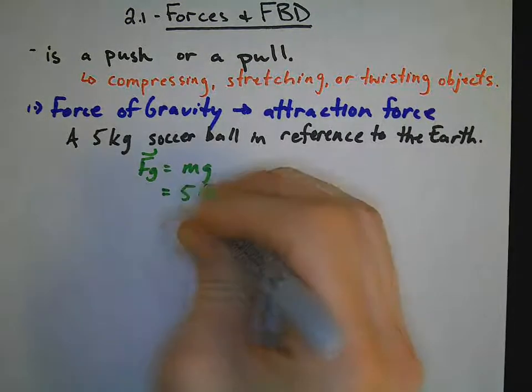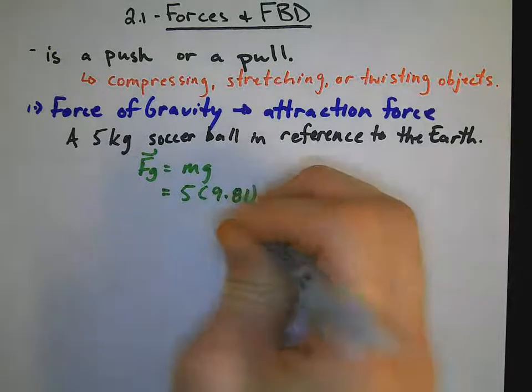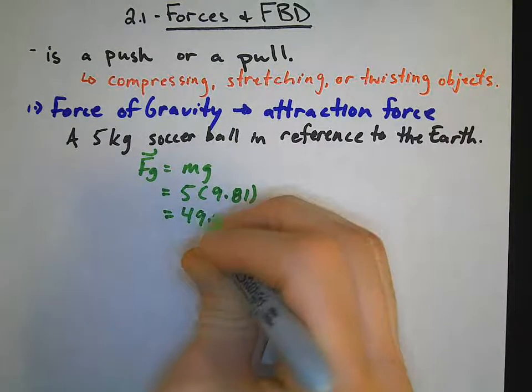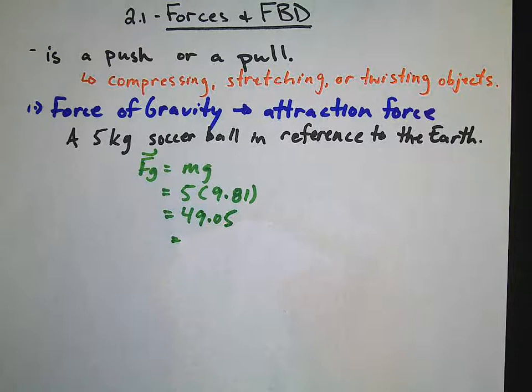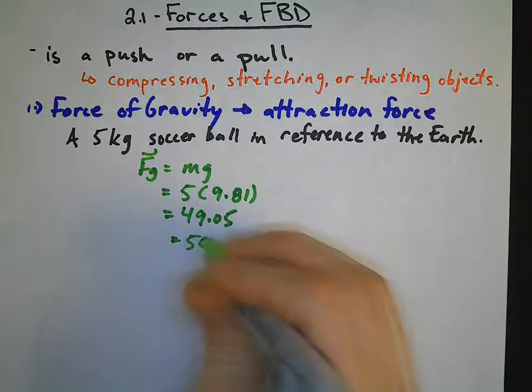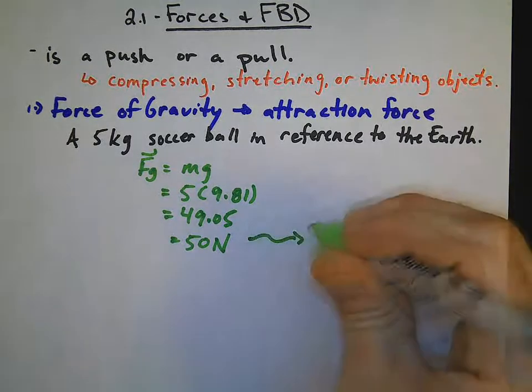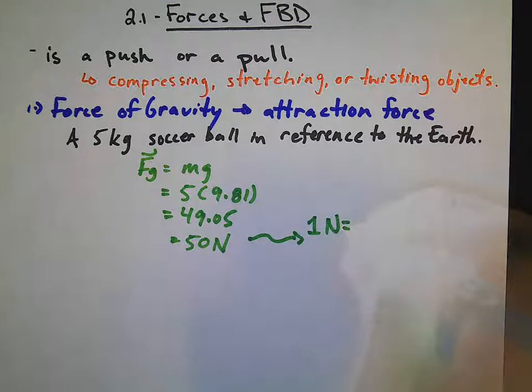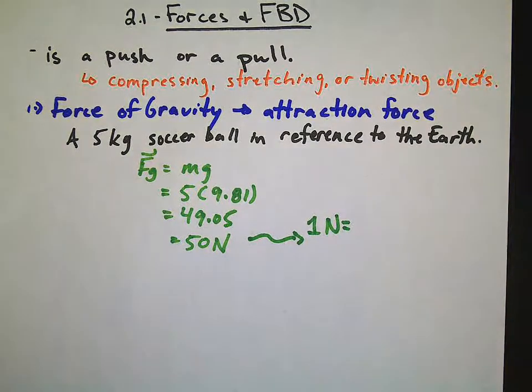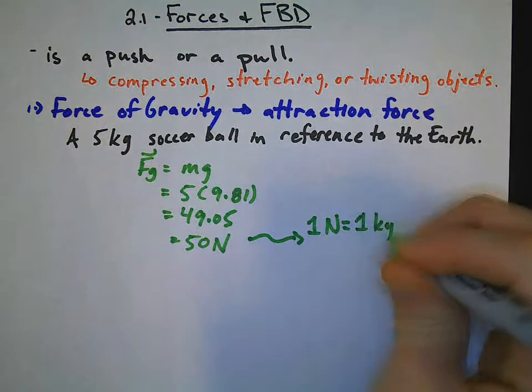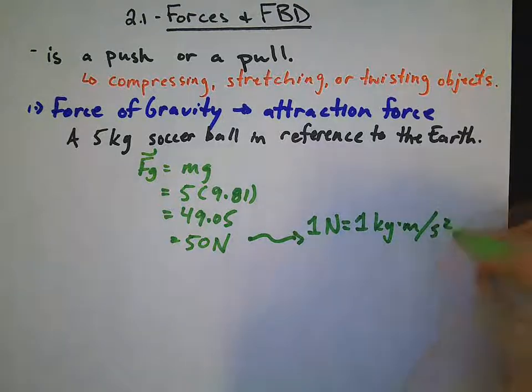So that will be 5 multiplied by 9.81, or 49.05, and that, if we go to significant digits, is 50 newtons. And a little bit of a sidebar here, just remember that 1 newton, which is the SI unit for force, is equal to 1 kilogram meter per second squared.